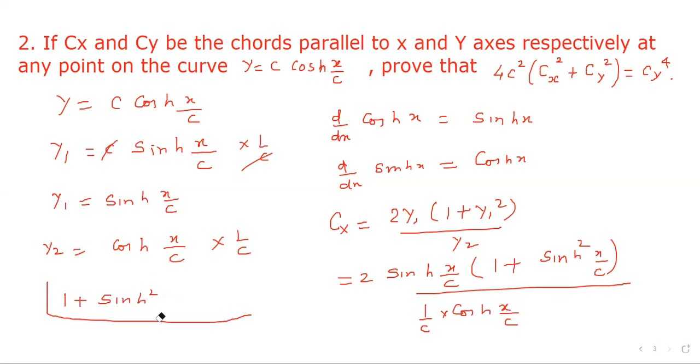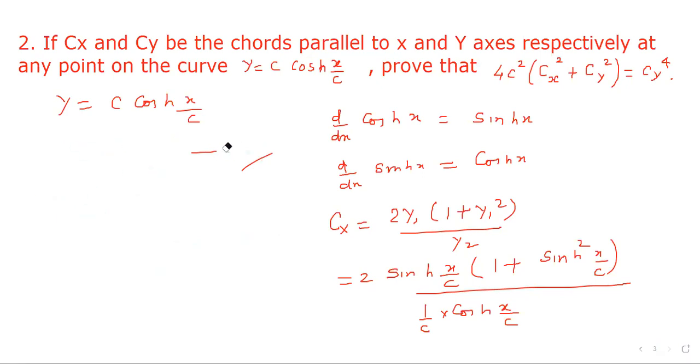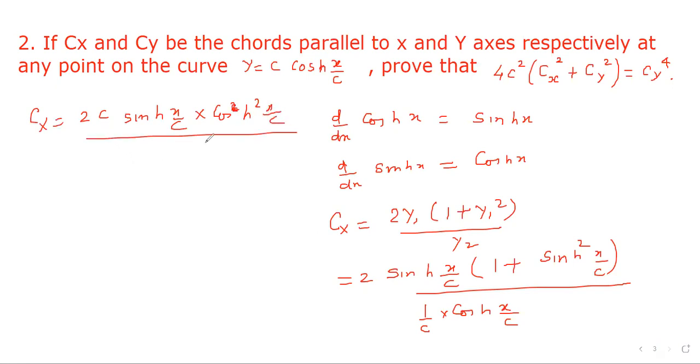So Cx equals 2c sine hyperbolic x upon c into cos hyperbolic square x upon c divided by cos hyperbolic x upon c.